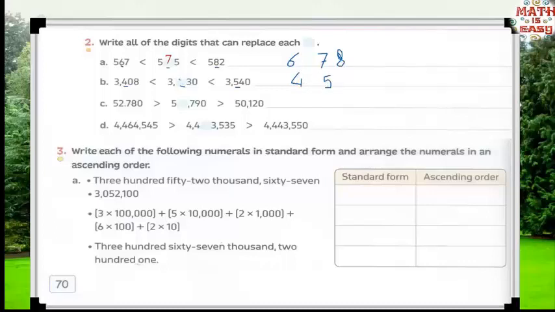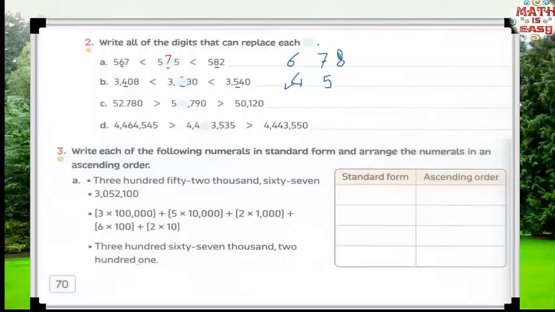Write 4 first. If we write 4 here, it will be 430. 430 is less than 540, yes, because 4 is less than 5. 430 is more than 408, yes, because 30 is more than 8, but 4 equals 4. So if we write 4 here, your answer is right. After that, try to put 5.